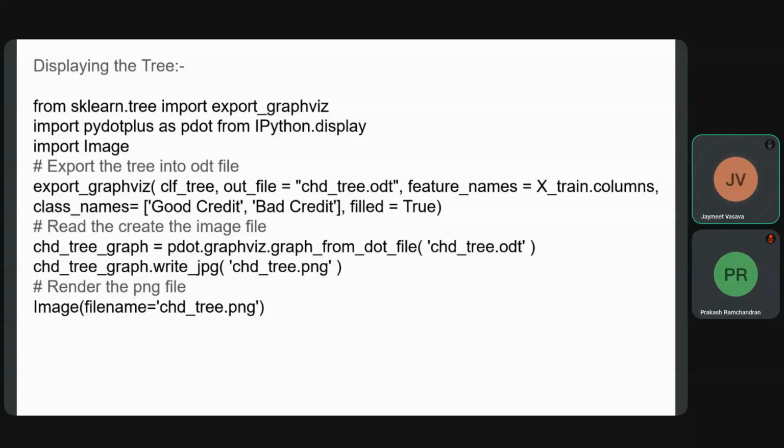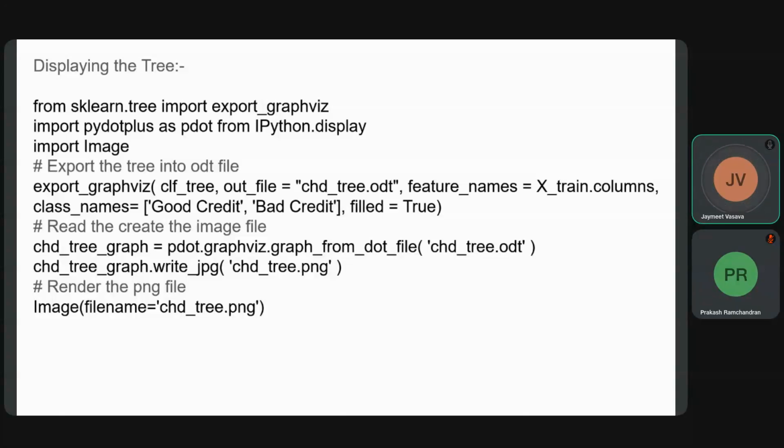Filled equals true is nothing but a color used, and different shades of color will signify impurity, what amount of impurity is there. For that, the filled equals true argument is used.